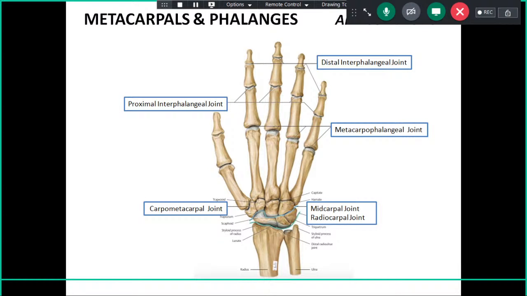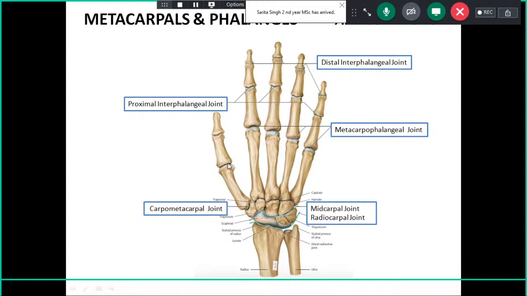So I have already talked a little bit about the metacarpals and phalanges in the initial slides itself. This again shows the joints formed between the metacarpals and the carpals; this would be the carpometacarpal joint.